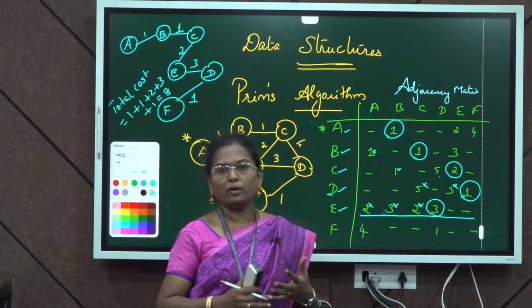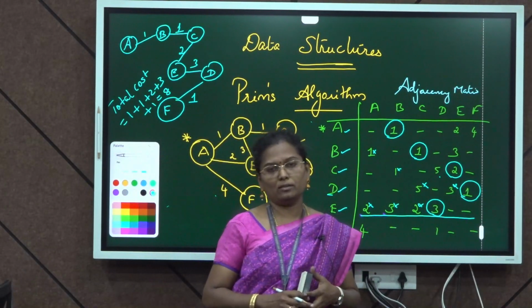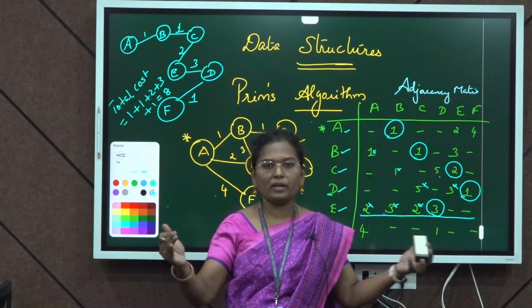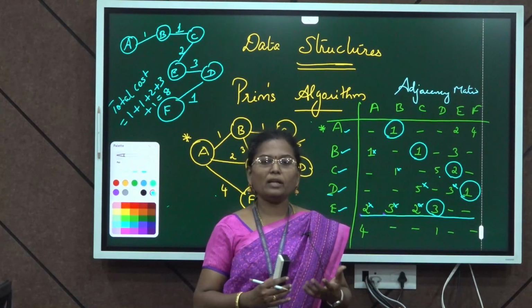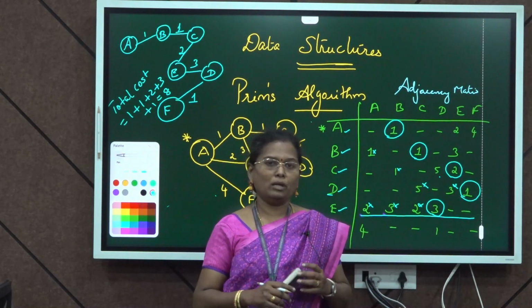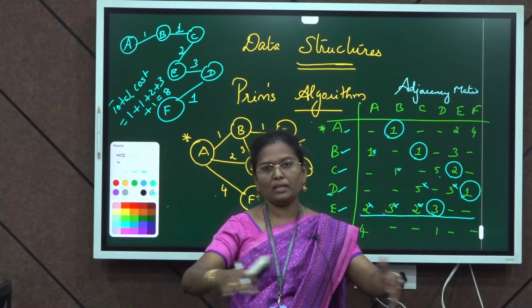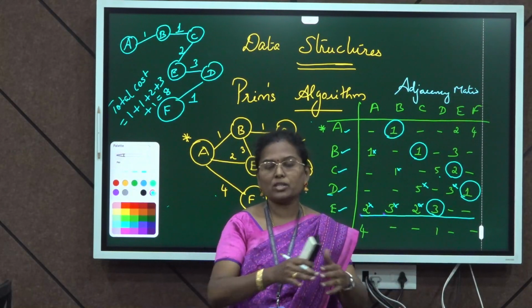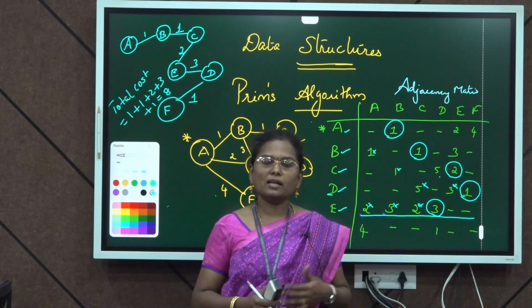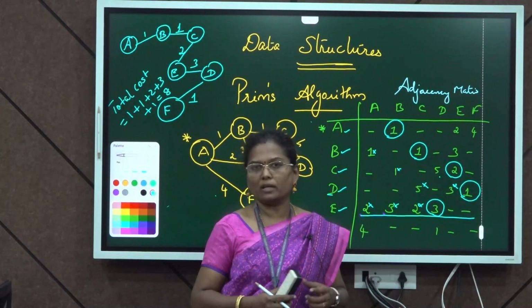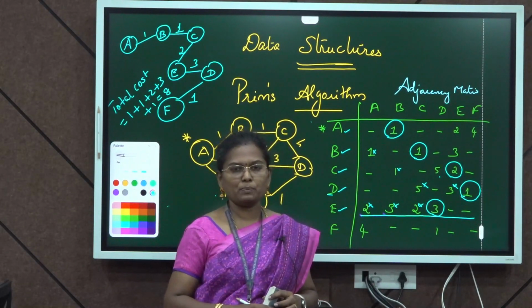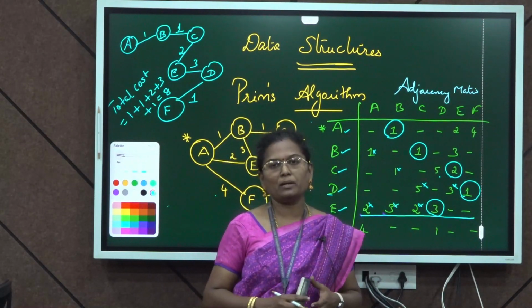So both algorithms work very well in finding the shortest distance covering the entire city. If any example is given to explore an entire place in a specific location, this algorithm will work very well. So that's the minimum spanning tree, looking at Kruskal's algorithm and Prim's algorithm.